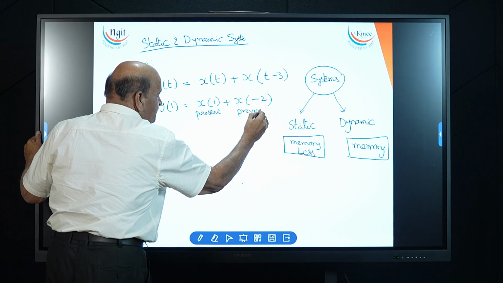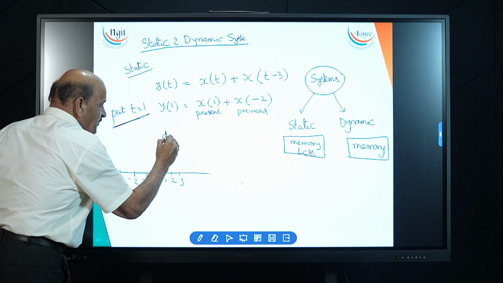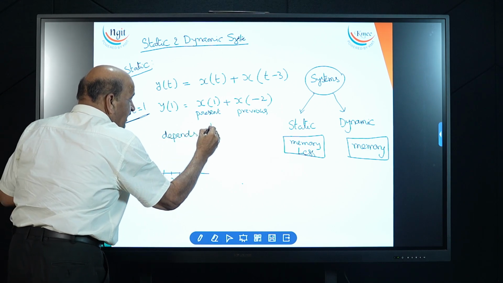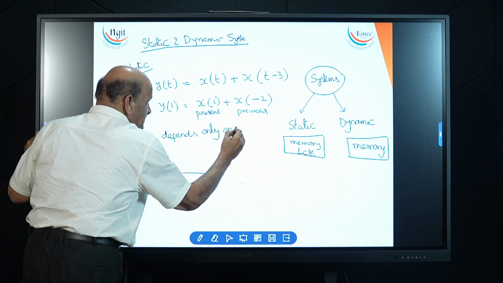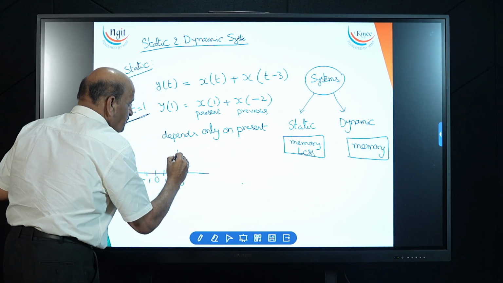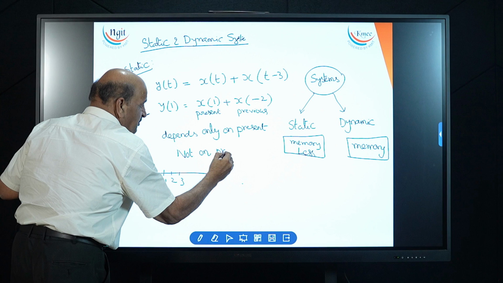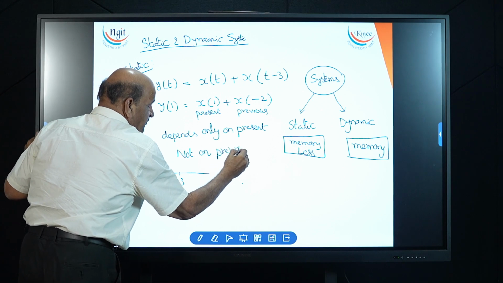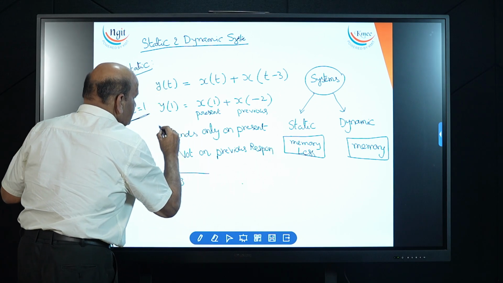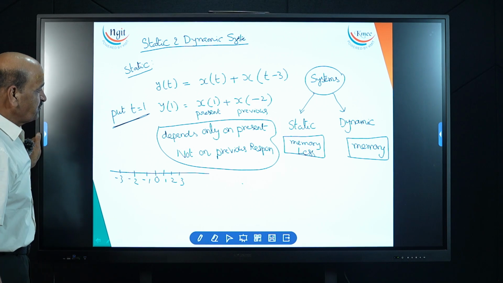A system which depends only on the present response but not on the previous response is called a static system. This is the important property of a static system.